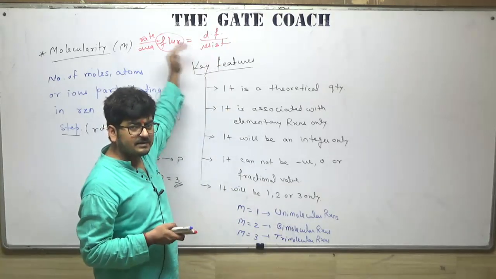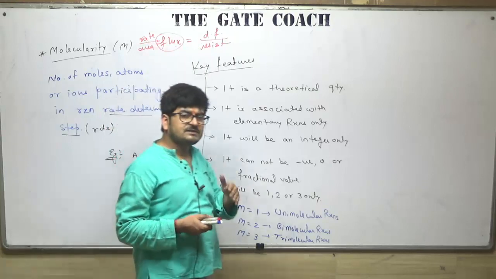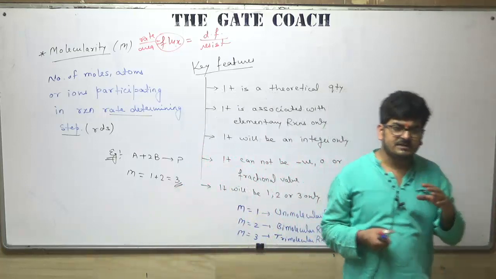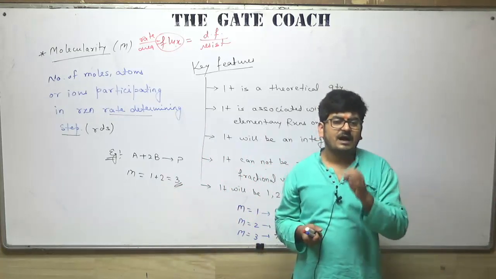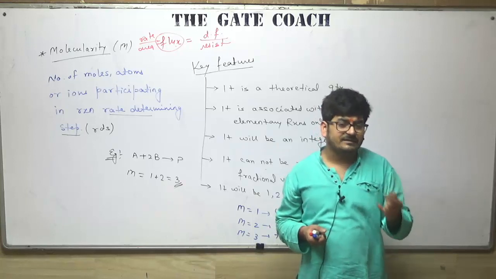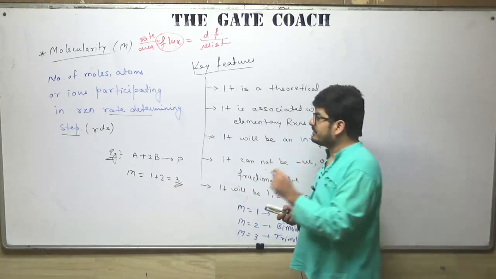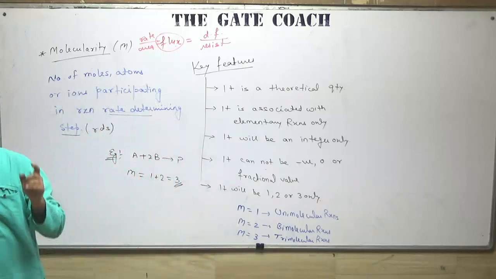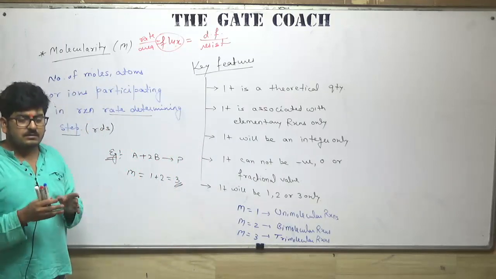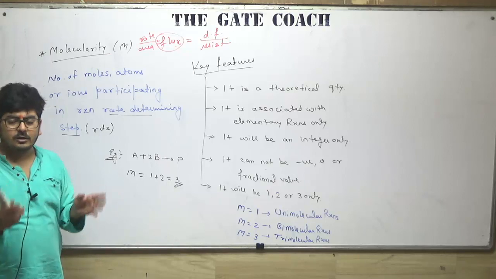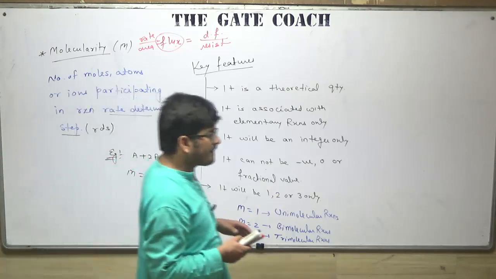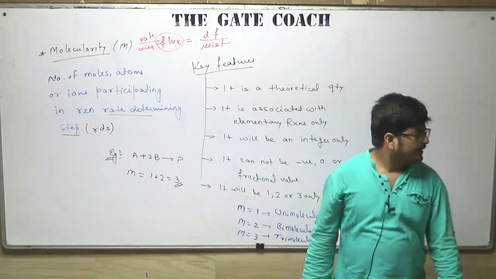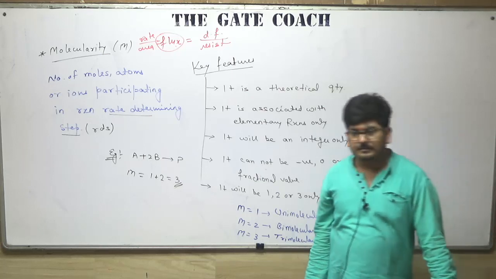If resistance is high, then rate will be slow. So high resistance means slow rate. So if any step out of those multiple steps has the highest resistance, then that step will be the rate determining step, because ultimately that step will control the overall process. Repeat, sir, the rate determining step.